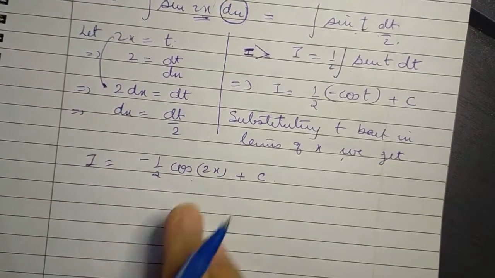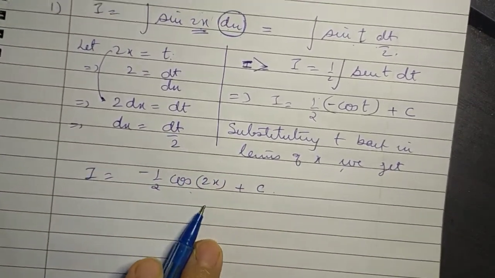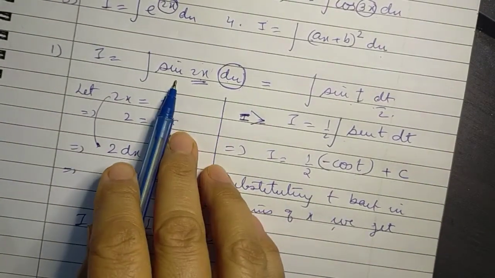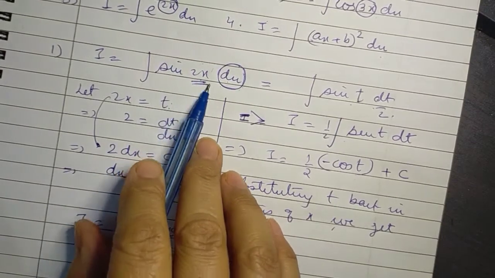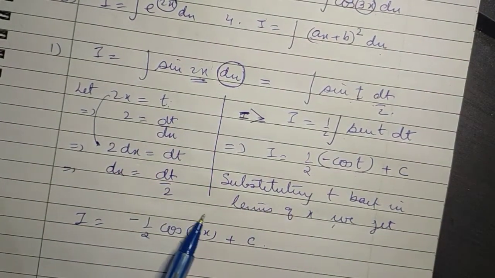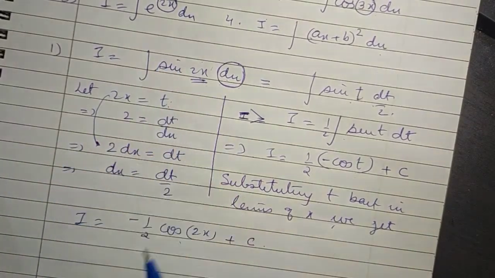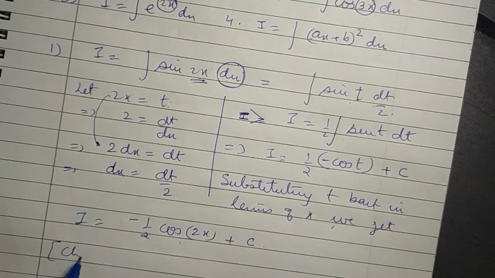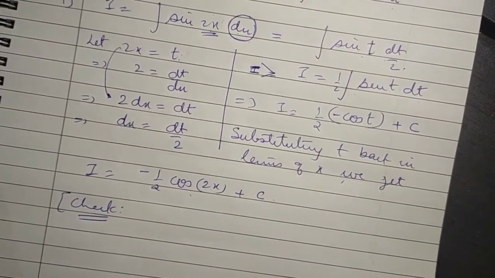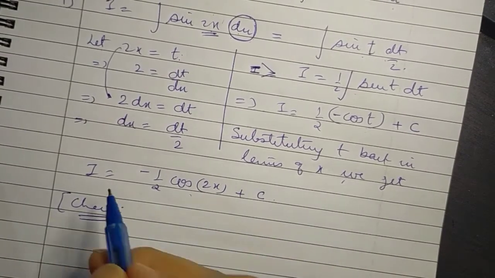Another thing is, just to cross-check that this is the correct answer, what should we do? We know that the integral of sine 2x is also called the antiderivative. It means that if you differentiate this function, you should get back sine 2x. Let's see that. It's a check, and I'm doing it just to make it clearer to you all. You don't have to show it with every question.